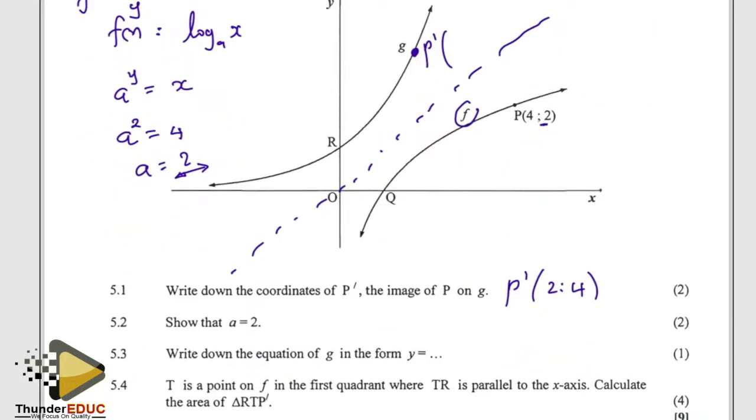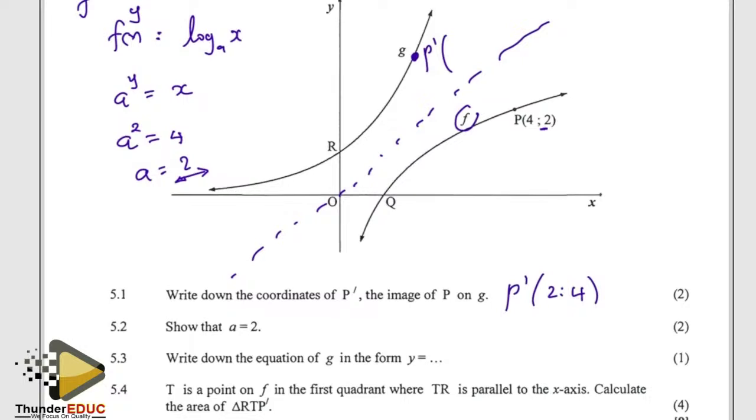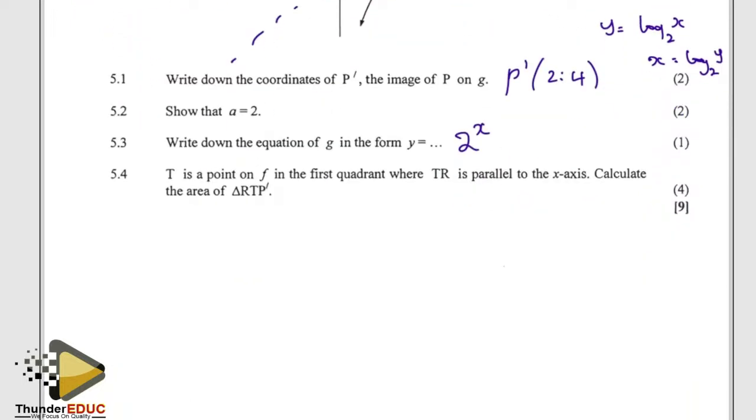Since we know that f is log x base 2, g of x is going to be 2 to the x. Remember, y is log base 2 of x. Switch them around, that's going to be x is log base 2 of y. And then you use your exponential form.